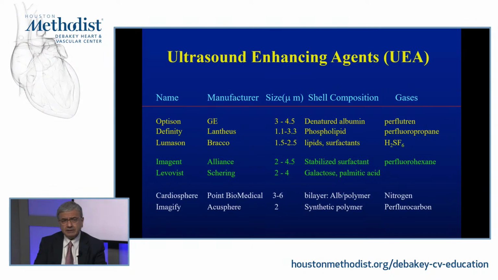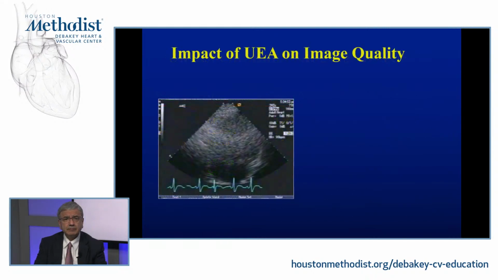In the United States, we have 3 approved ultrasound enhancing agents, Optison, Definity, and Lumason, and some others in European countries and throughout the world, and some which have had a lot of investigation, if you will, but really never made it, although they had some nice properties.